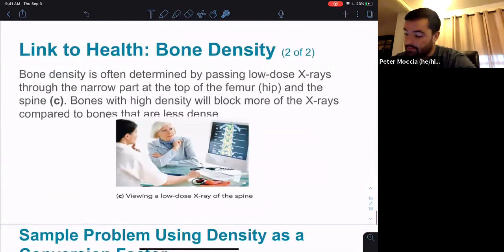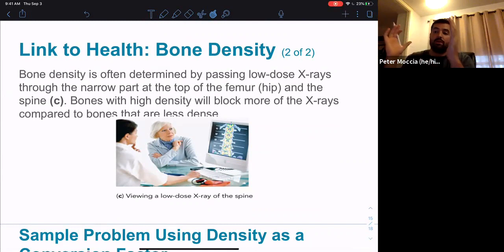And bones with higher density, the way that X-rays work in general is that bones with higher density will block more X-rays. And so what shows up on the scan is the bone blocking the X-rays. And that's why an X-ray scan will show you what's going on with the bone.